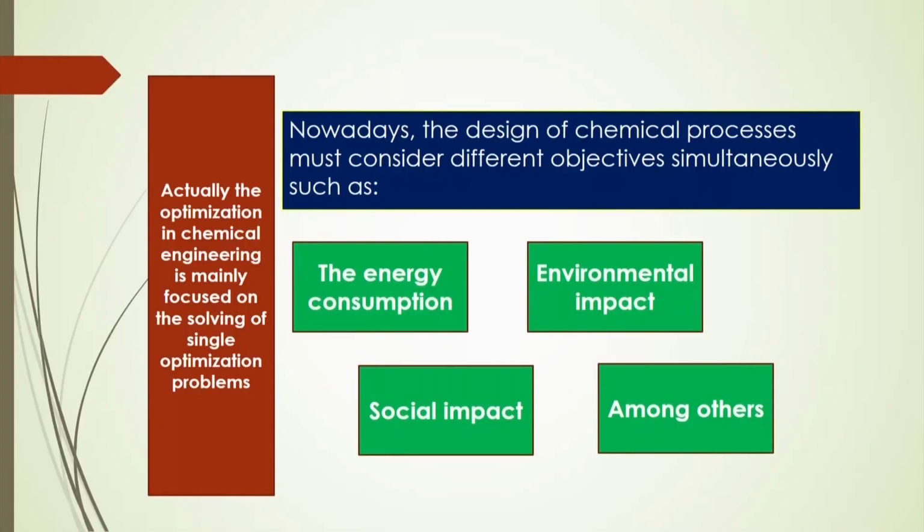The traditional optimization problems may not be useful nowadays, because whenever we design any chemical process based on process intensification, several different objectives come up simultaneously. So, you have to consider all those different objectives for the design.